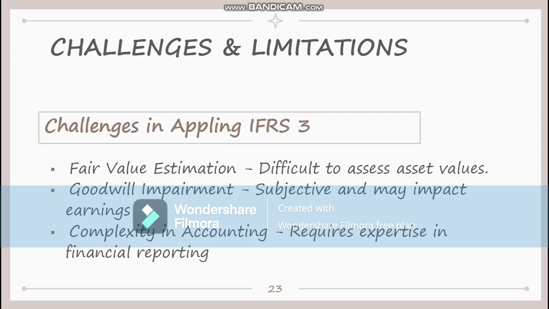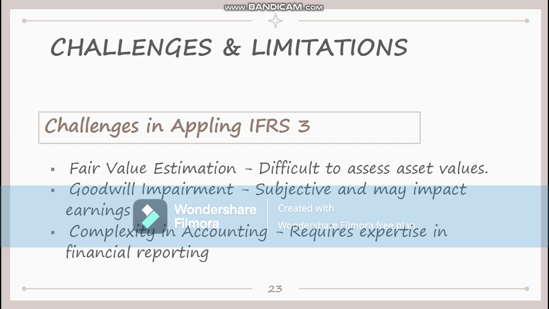This requires a lot of careful decision making, and mistakes can lead to inaccurate financial reporting. Number three is complexity in using IFRS 3. Following the rules of IFRS 3 requires special accounting skills, which can make it expensive and very time-consuming for companies to ensure compliance.